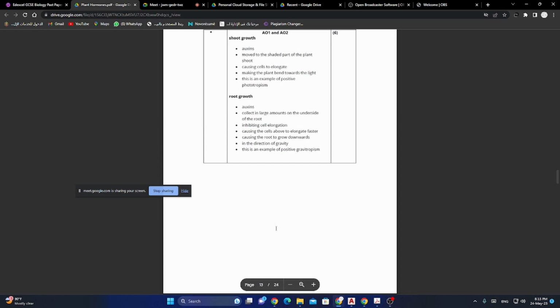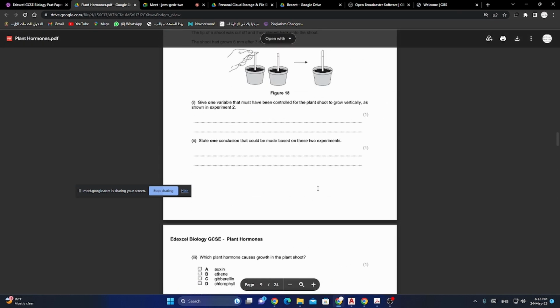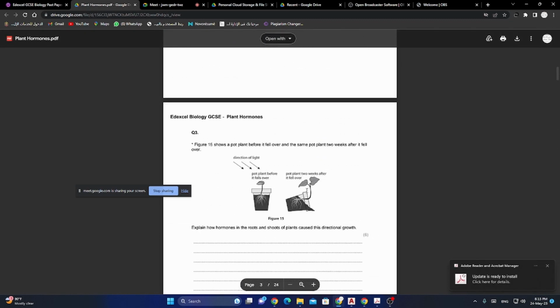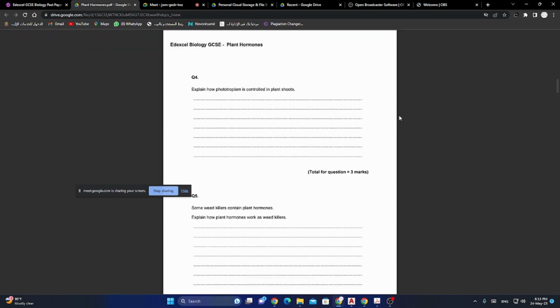Okay. This is an example of positive gravity tropism or geotropism. Explain how phototropism is controlled in plant shoots.